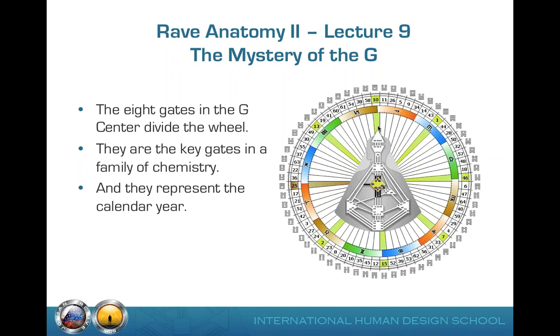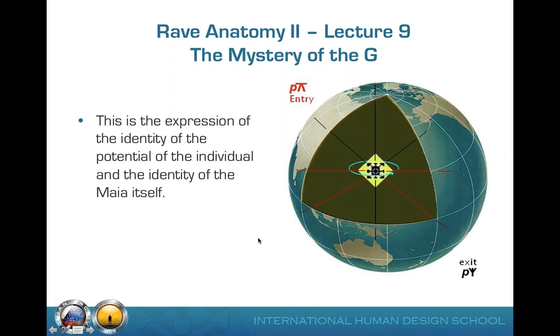Well, that's the 7-centered, before the 9-centered being. 7-centered controlled from the ajna, controlled from the mind. But we're not in those bodies anymore. And that's why human design is here on the planet. So anyway, these eight gates are very important gates, and Ra talks about that more in detail in the lecture.